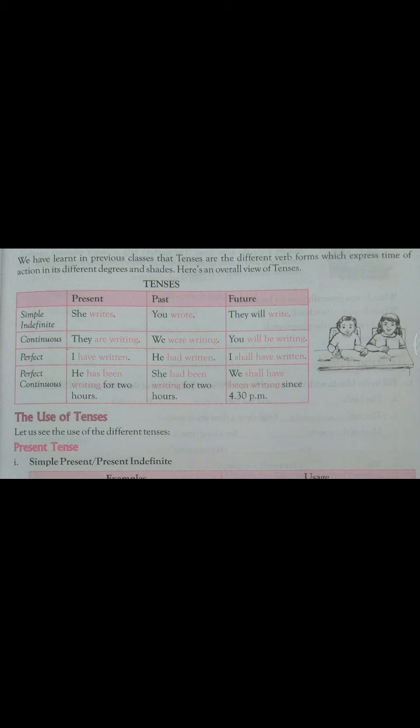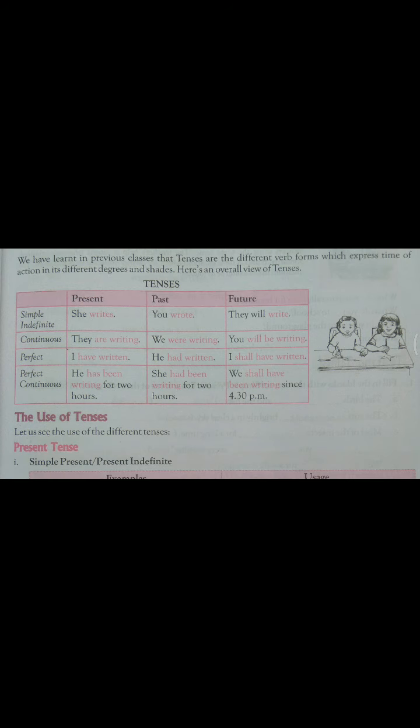In the present perfect we have used have plus the verb's third form. In the past perfect we have used had plus the verb's third form, and then in the future we also use have plus the verb's third form, but before that we have to use either shall or will. So now it becomes, I shall have written.